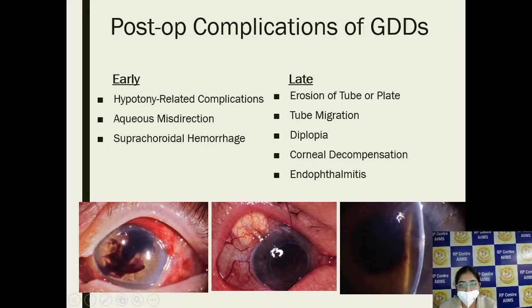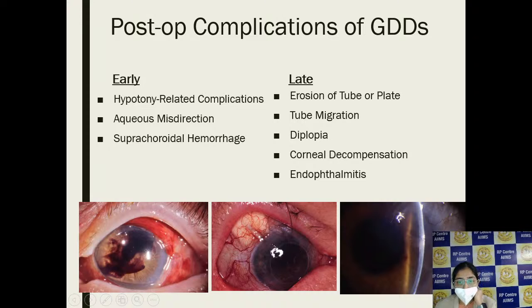Corneal decompensation can occur because of the tube touching the corneal endothelium. From the beginning, it causes localized endothelial loss, and hence it starts with localized corneal edema. But later on, if this contact is maintained, the corneal edema can expand to the center and deteriorate the vision of the patient as well.